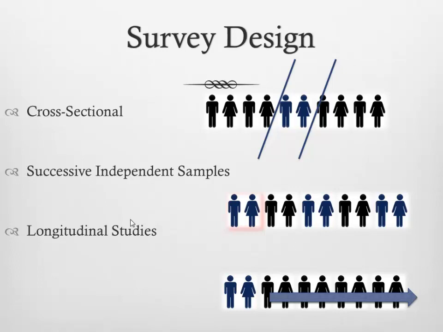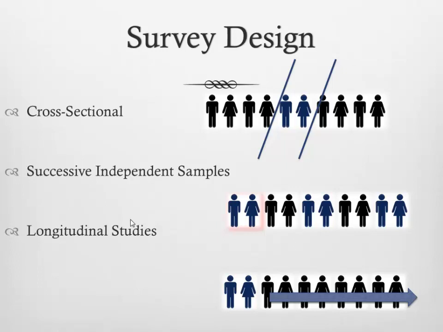Sometimes we're interested in changes over time, though. So a couple of additional options are longitudinal studies, where we would sample from a population and then track that sample over time, and then successive independent samples.